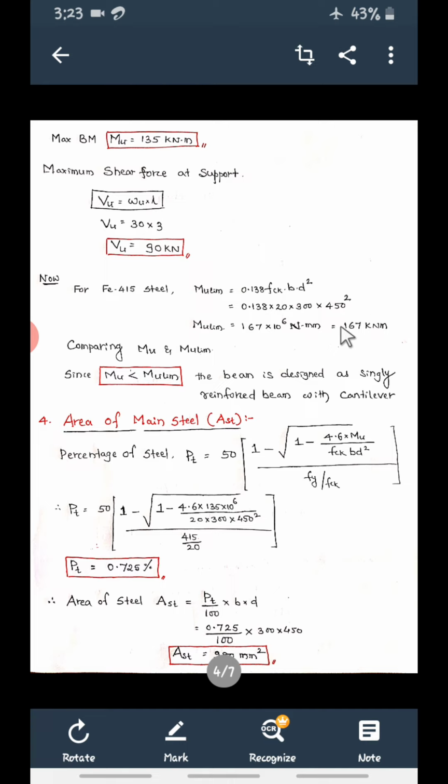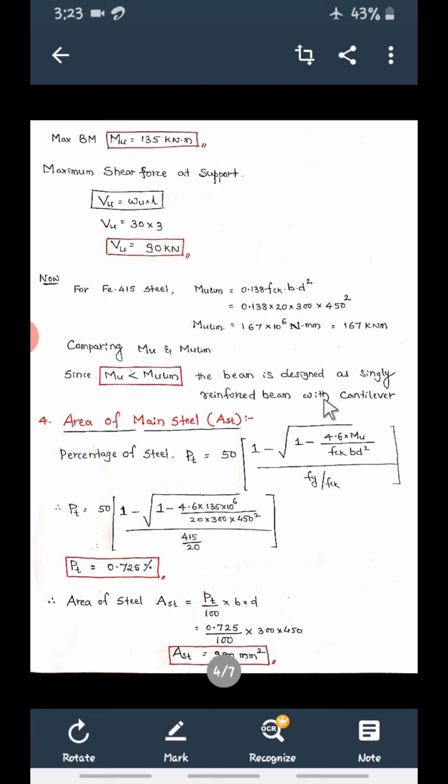Now comparing MU and MU limit: this value is 135, this is 167, which is more. Since MU is less than MU limit, the beam is designed as a singly reinforced beam.